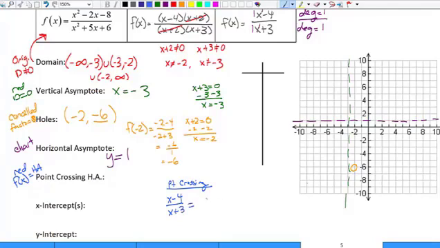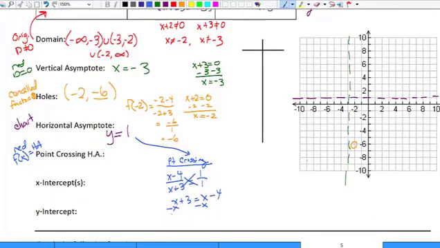I'm setting it equal to my horizontal asymptote, which is 1. I like to put my whole numbers as a fraction so that I can cross multiply. I get x plus 3 equals x minus 4. When I solve, that gets me positive 3 equals negative 4, no x's left. Okay, so if there's no real x's left, you can't have a real solution, so therefore there isn't any point crossing the horizontal asymptote.